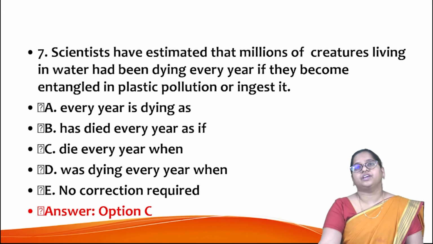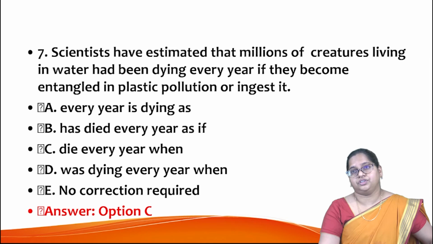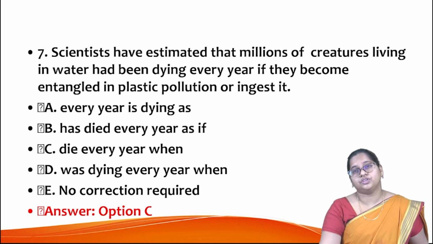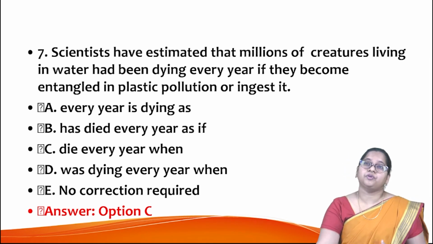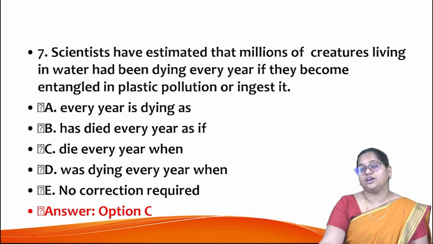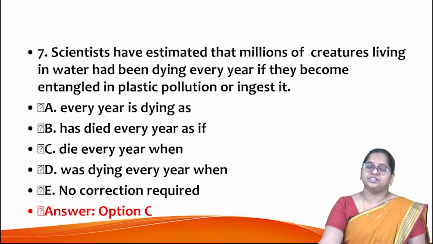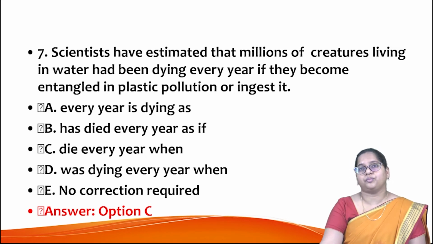What you have to say is, they had been dying every year. You don't say if they become. Past perfect shouldn't be used when you are using an if condition. Yes, you can use it, but here the sentence is not proper. The tense is not appropriate. Had been dying every year if they become, no, it's wrong.